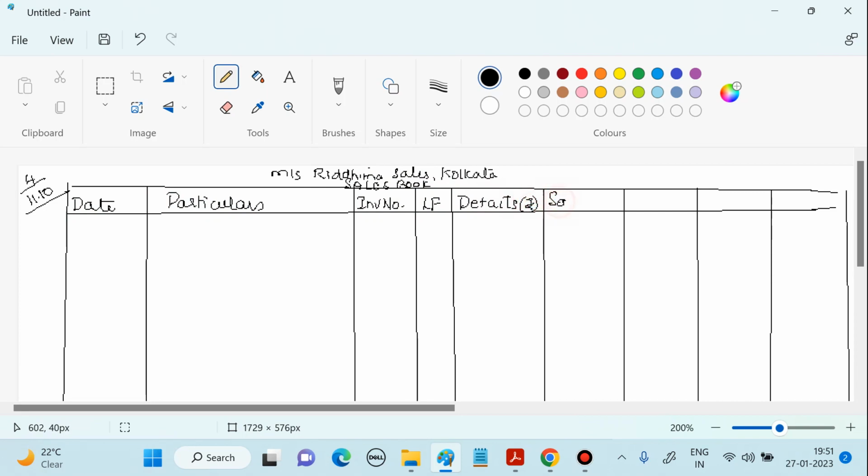Then we have the sale value. There we have the cost in purchases book. But in sales book, we have the sale value. Then we have the expenses. In this question, we saw that there was freight and there was packing charges. 2 items. And the total. So 2022, let's start. Once you're ready, let me know.